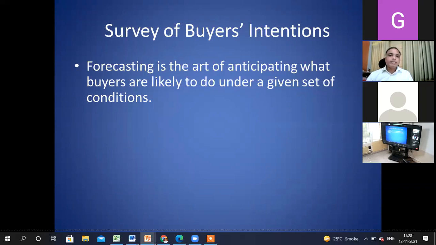So it is an art of anticipating what buyers are likely to do under a given set of conditions.